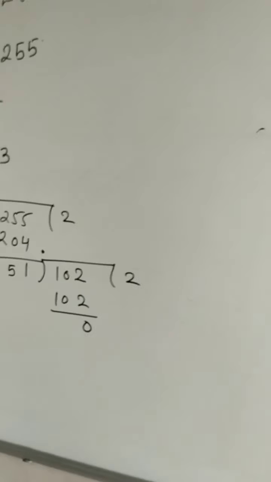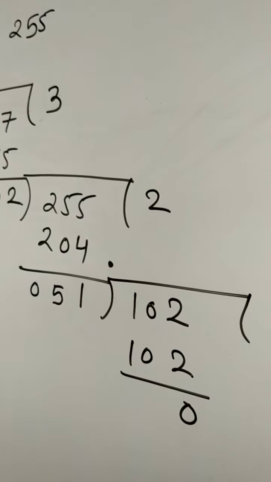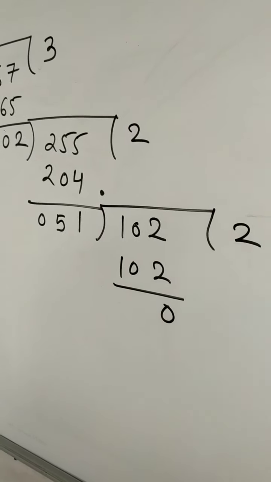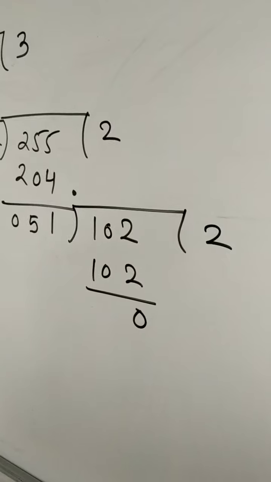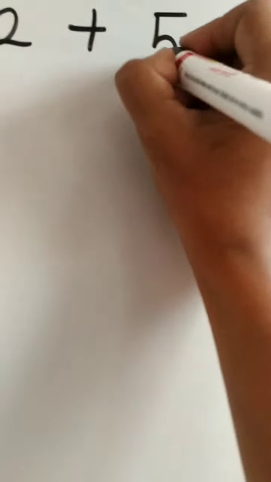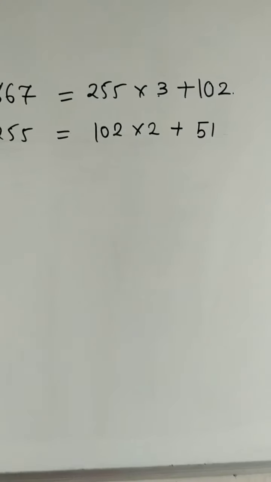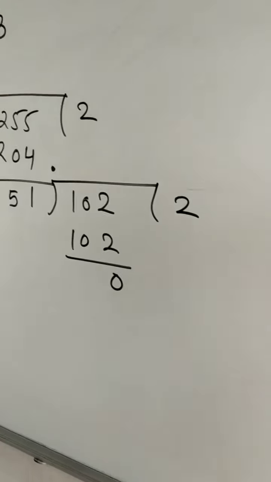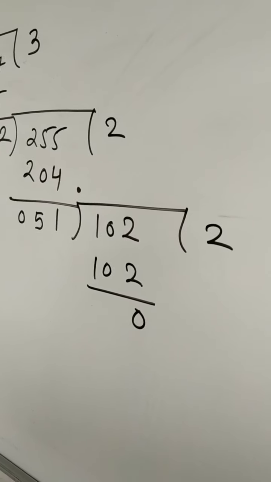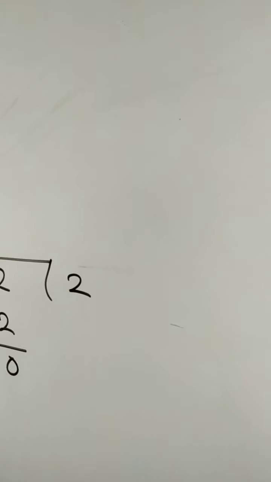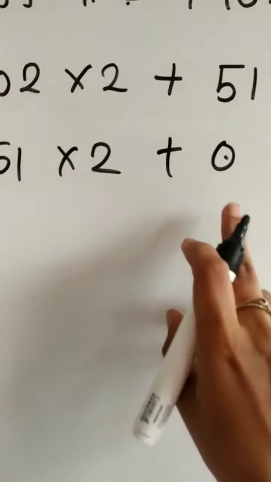Now we will write the second step: 255 is equal to 102 into 2 plus remainder 51, so we will write 51 over here. This will be our second step. Now the third step: 102 is equal to 51 into 2, and here we got remainder 0.